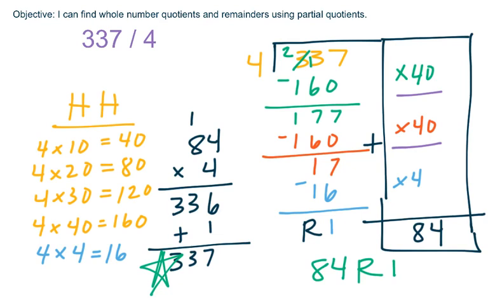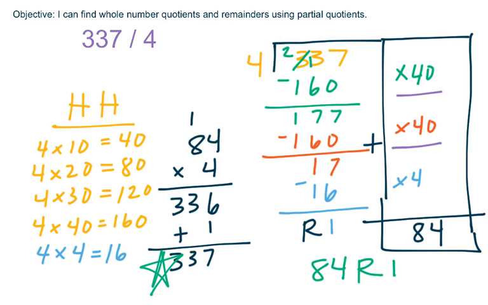So I took 160 away 2 different times, and then I figured out that with 4 times 4, I could take a group of 4 away, and that would mean I took 16, and it left me with a remainder of 1. And then when I added those partial quotients up, 40 plus 40 plus 4, I got 84, and then checked my answer here in the middle, and it checked out.